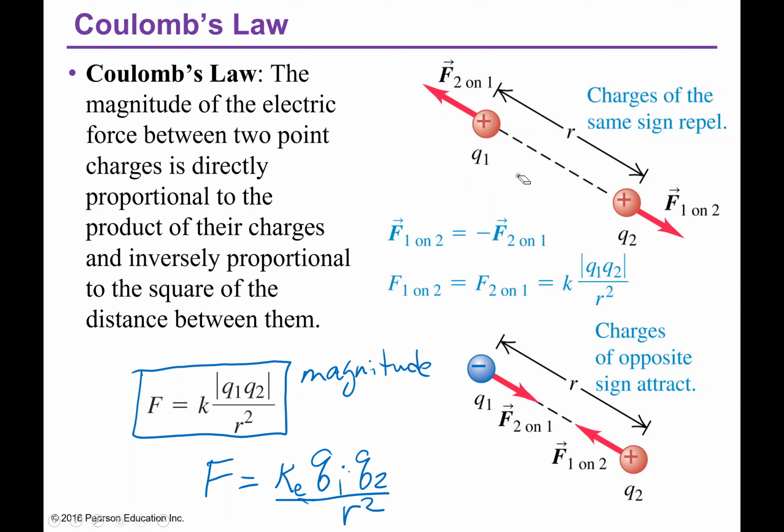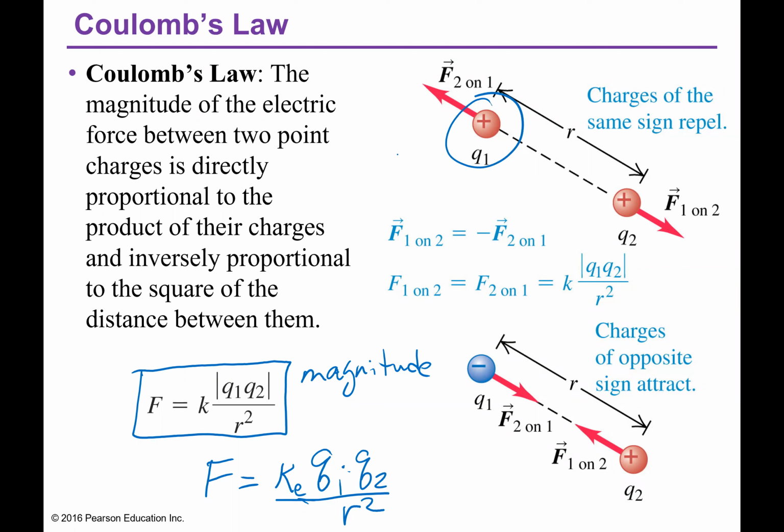Try to remember what Newton's third law tells you: any two interacting objects exert force on one another, and the forces they exert have the same magnitude but opposite direction. Remember those action-reaction forces? Coulomb's force is an action-reaction force.